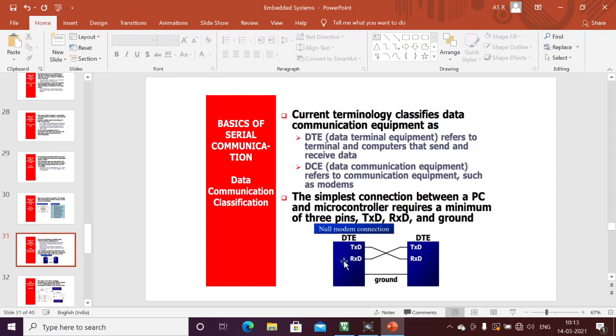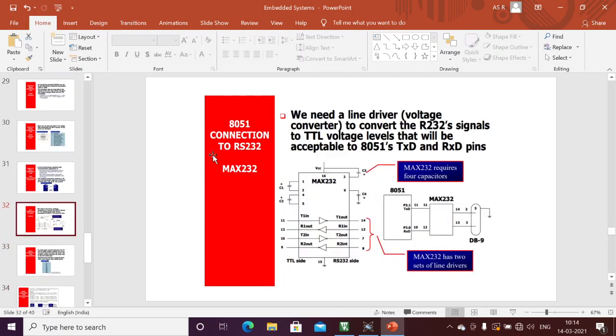For example, if one microcontroller is sending data, the other microcontroller should receive the data, and similarly in the other direction. These are mainly the cross connections between TxD and RxD, and the common ground between the two DTEs.